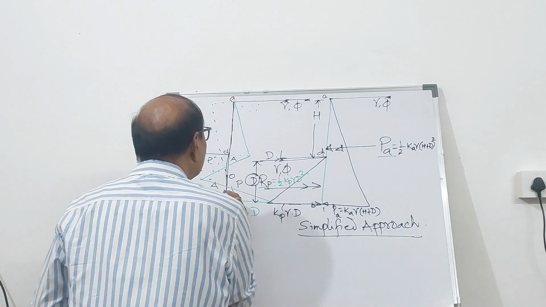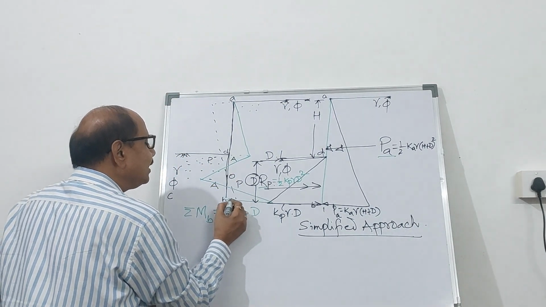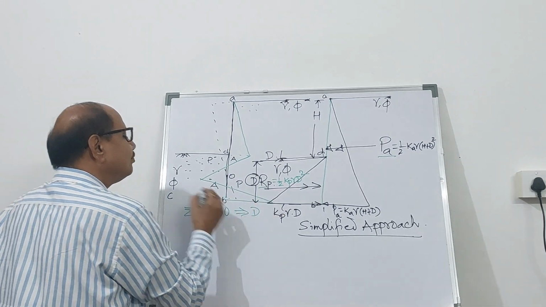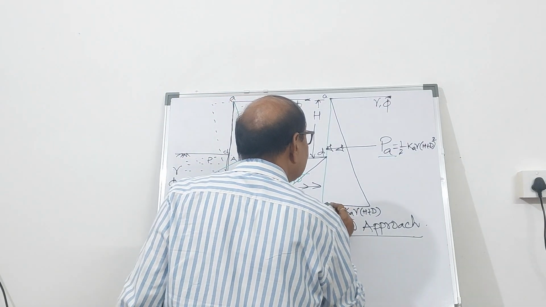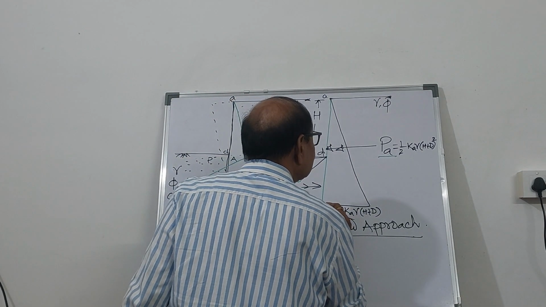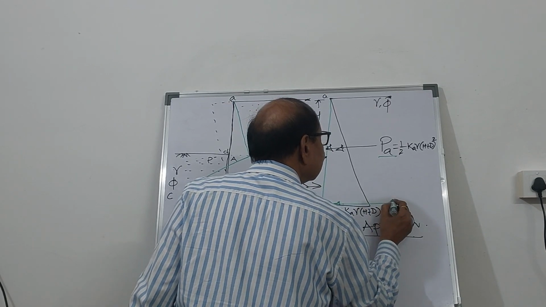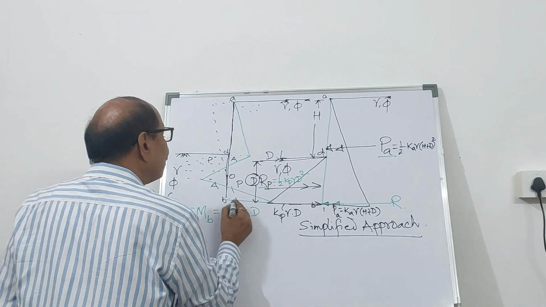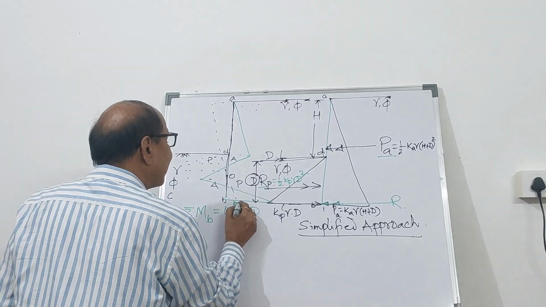And because it is going to deflect below this, due to this passive force, we can have a resistance force at the bottom. And that resistance force is R. So whatever pressure is here, let's say this passive pressure is Pp prime.